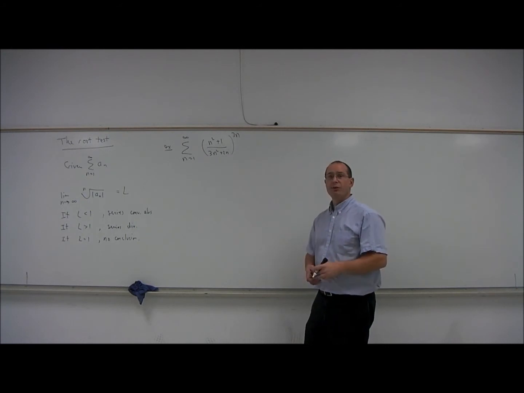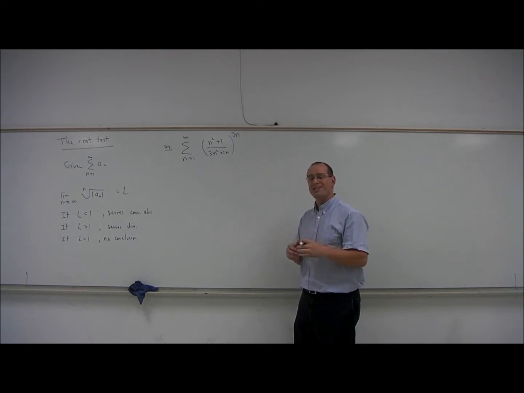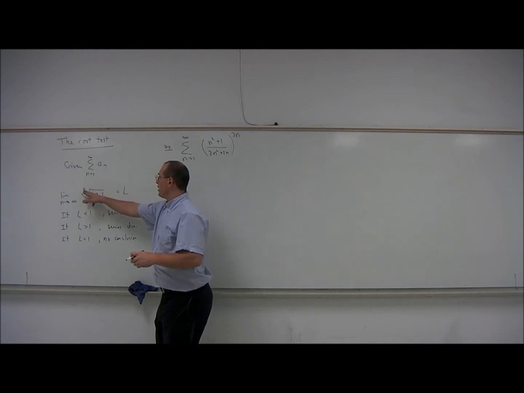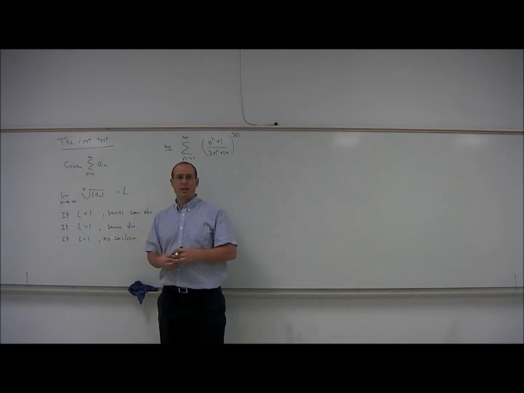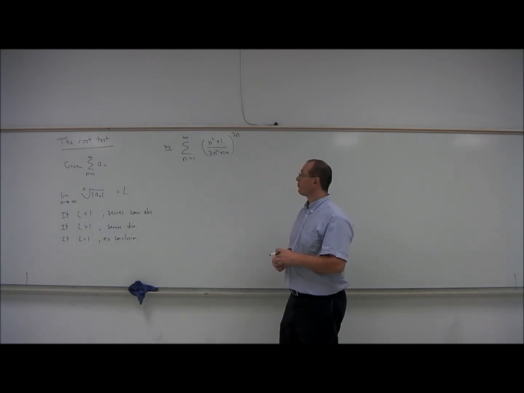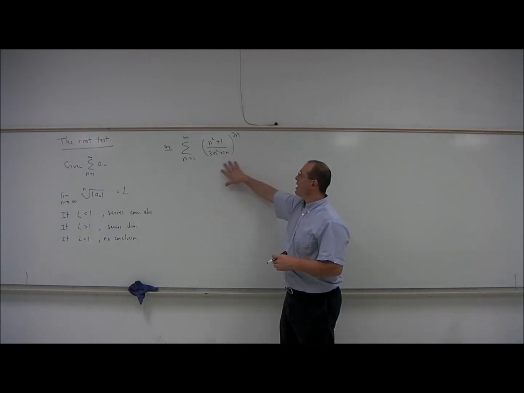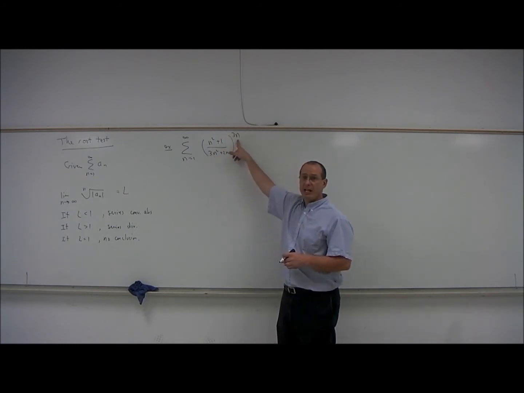Now the idea of the root test is we're taking a series that has a geometric property to it, but it's not exactly geometric. The nth root of the nth term of a geometric series will converge to the common ratio of the geometric series. So if we look at this one, it's not a geometric series. We have this complicated fraction here raised to the power 3n.